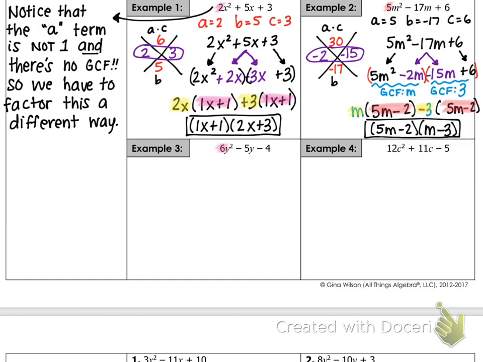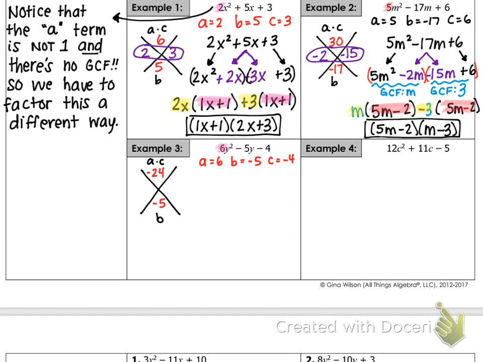Okay, example 3. So we're going to take out, notice there's no GCF for the 6, okay, and so we're going to say A is 6, B is negative 5, C is negative 4. We're going to draw our X. A times C goes on the top, B goes on the bottom. Our A times C is 6 times negative 4, which is negative 24, and our B is negative 5.